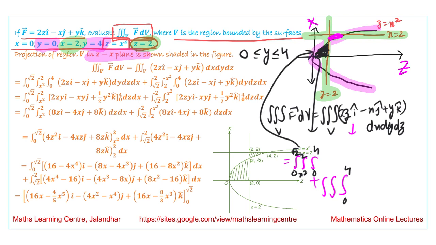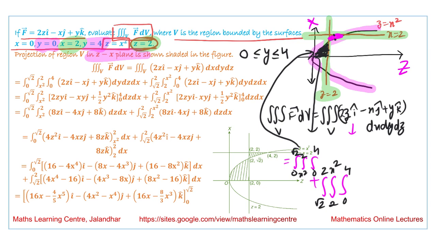Then in the second portion, z is varying from 2 to x square, and x is varying from root 2 to 2.